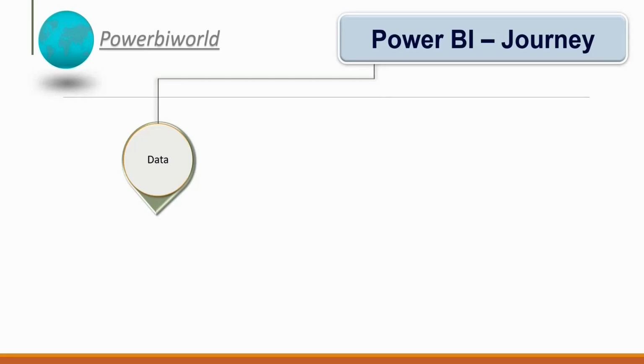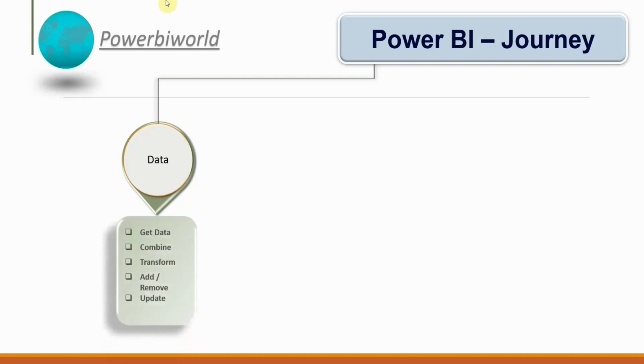With Power BI, if we have data, what all things can we do with it? We can upload the data into Power BI, we can combine the data from one table to another, we can do transformation of our data, cleaning, basically, we can clean our data the way we want, and we can update new data into our data sets in Power BI.